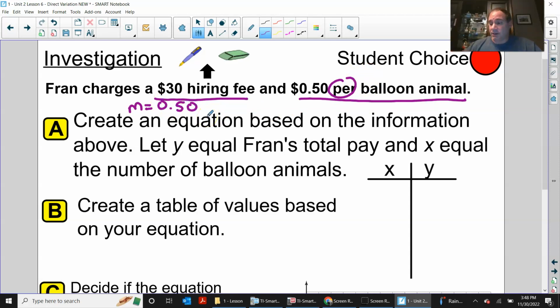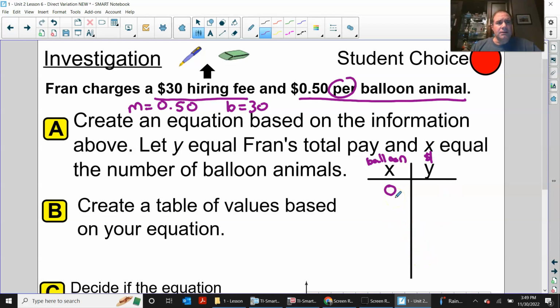All right, it's going to occur over and over and over again. The B, which is the initial fee, is the hiring fee. It only gets charged once, and that's 30. So X is balloon animals. Balloons. So 0, and then this is money.